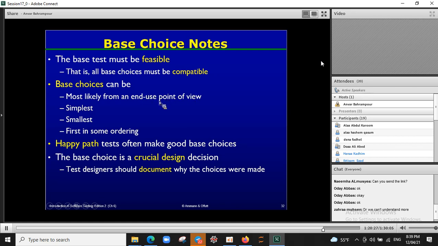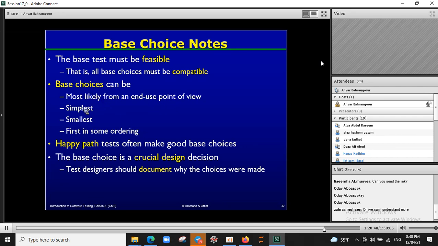Base choices can be most likely from an end use point of view. Some choices are likely for end users to test.